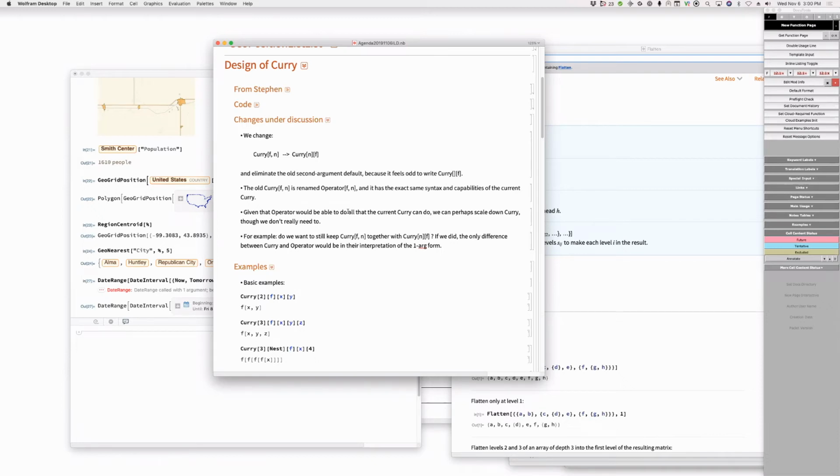He just doesn't like operator here. In our current idea, curry and operator are very, very similar. It's only that the one-argument forms are interpreted differently. That's all right. I mean, first is similar to take, comma, one. Who cares? I'm just saying how the new situation would be.